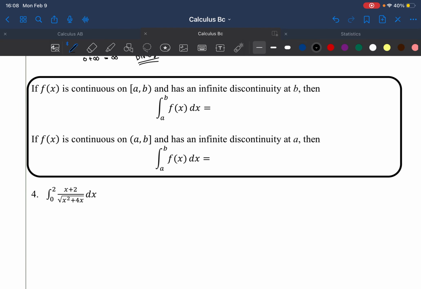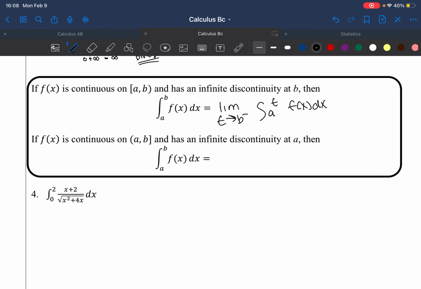Now it says if f of x is continuous on [a, b) and has an infinite discontinuity at b, then we say that the integral from a to b of f of x dx is equal to the limit as t approaches b from the left of the integral from a to t of f of x dx.